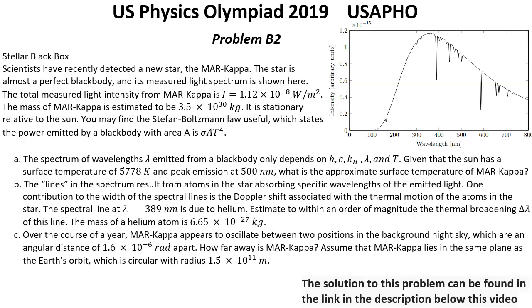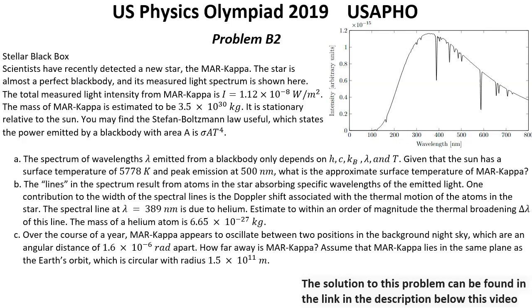The mass of MAR Kappa is estimated to be 3.5 × 10^30 kilogram. It is stationary relative to the Sun. You may find the Stefan-Boltzmann law useful, which states the power emitted by a black body with the area A is σAT^4.